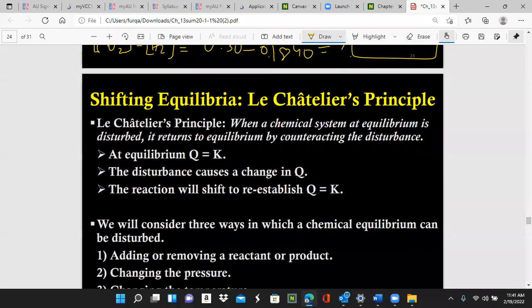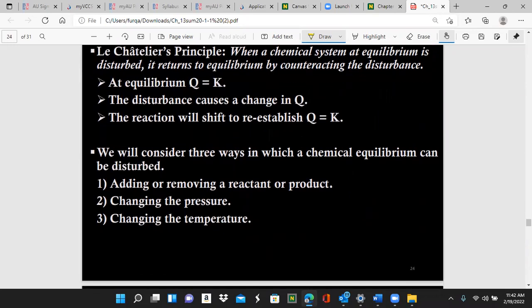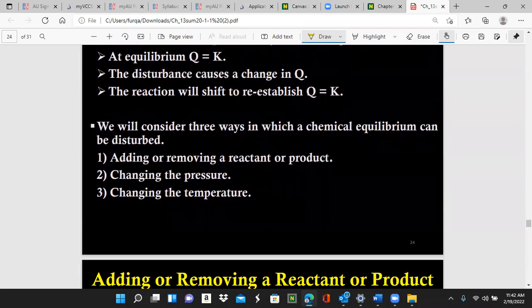Shifting equilibria, Le Chatelier's principle: as I told you, there might be a disturbance in the equilibrium and we can compensate for that. What may be the reasons for the disturbance? There is probably an addition or a removal of a reactant.